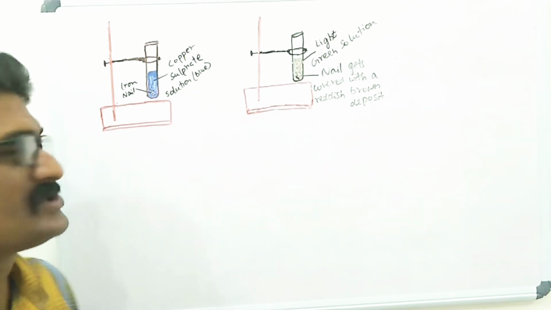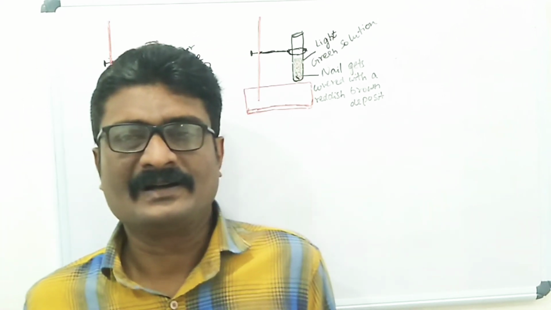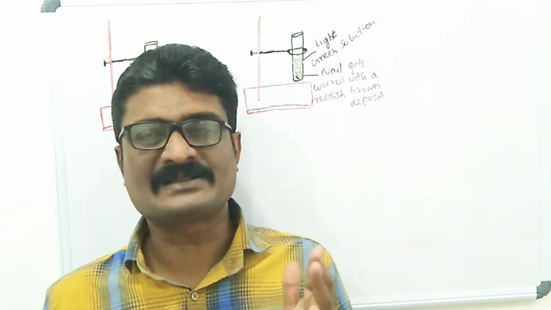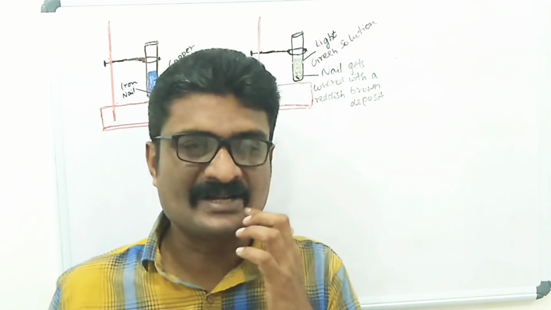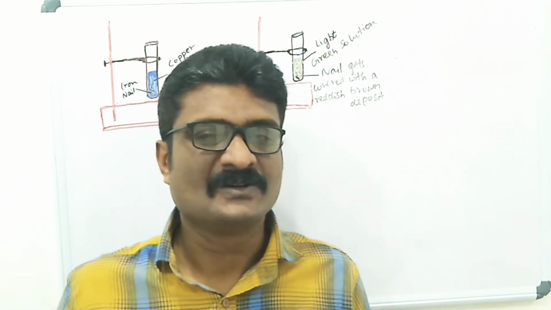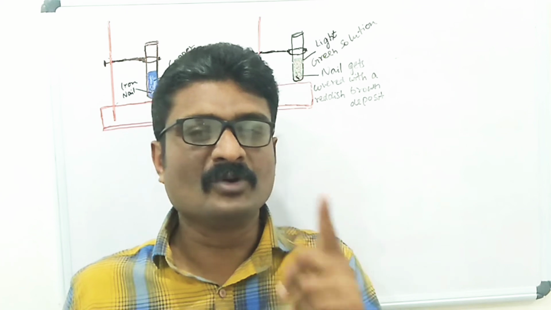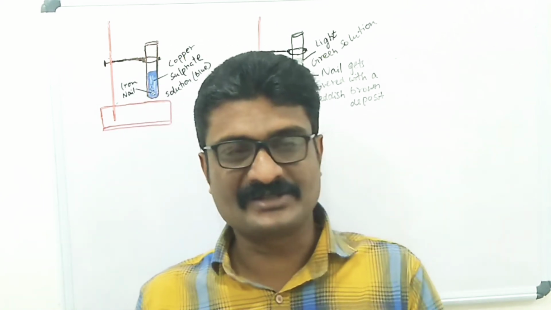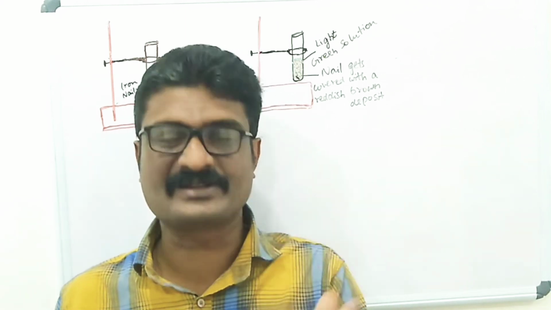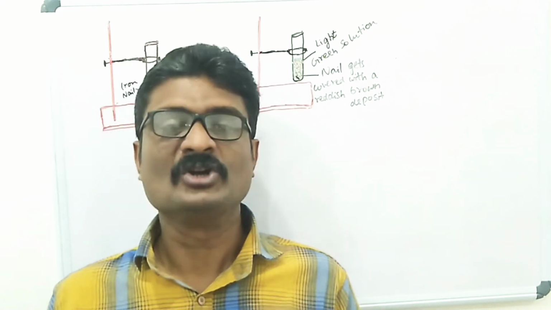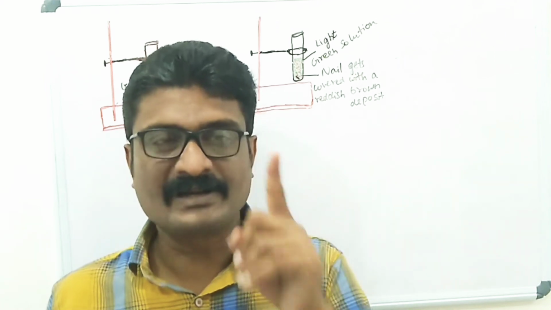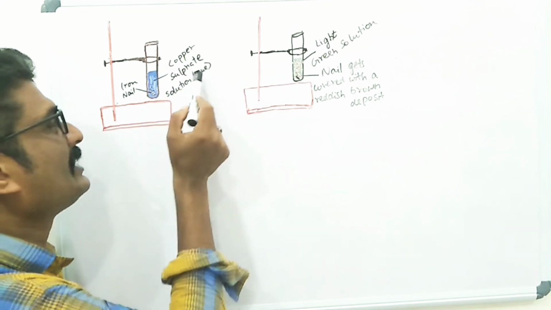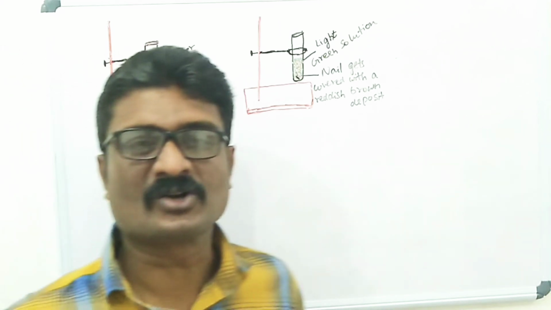Then stir the solution to dissolve the copper sulfate until you get a clear blue colored solution. When copper sulfate crystals dissolve in water, you will get a blue colored solution of copper sulfate.